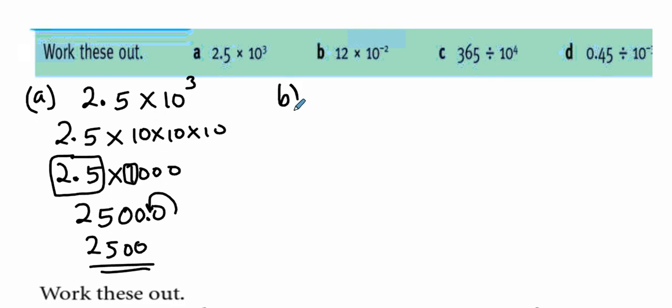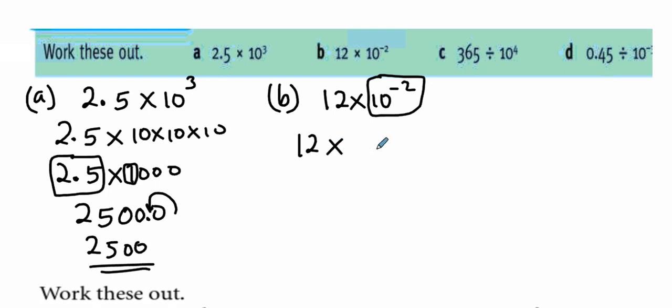Okay, let us do the answer for B. 12 times 10 power negative 2. Remember what we discussed about the negative power? We said 10 power negative 2 is the same as the reciprocal of 10 power 2. And what is 10 power 2?